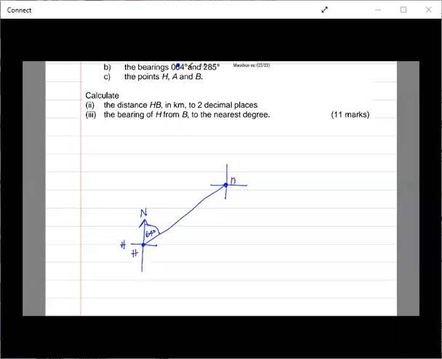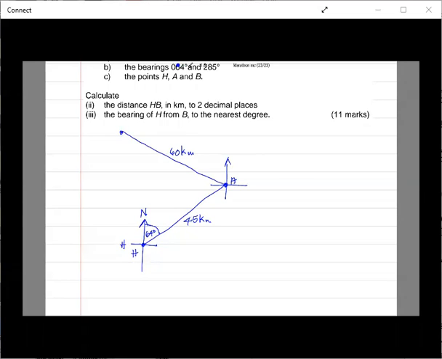Then from A, the person changes direction and sails 285 degrees. 285 degrees will put me somewhere in this direction. And he sailed, so here he sailed 45 kilometers. Here he sailed 60 kilometers.